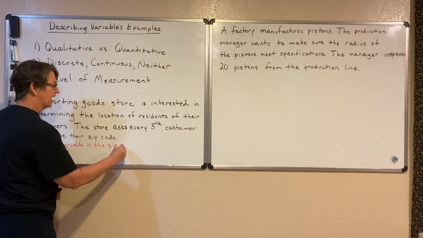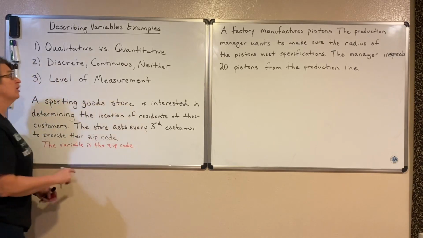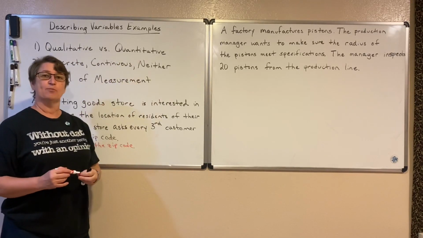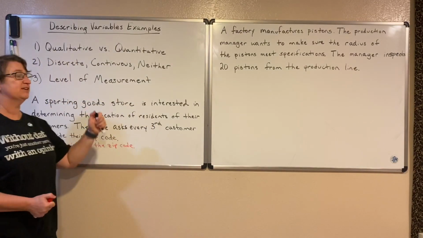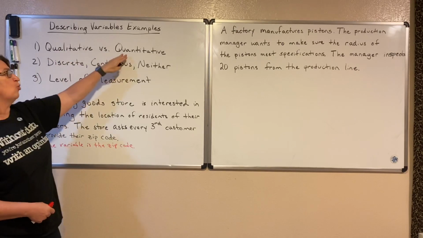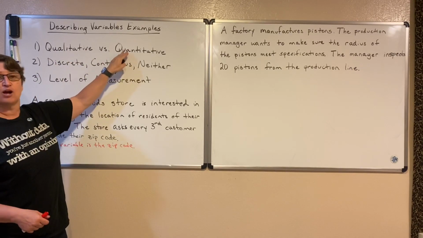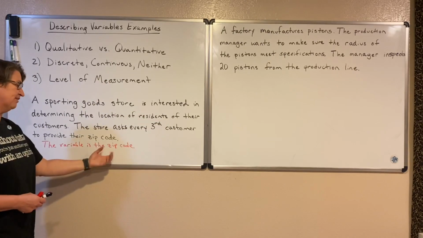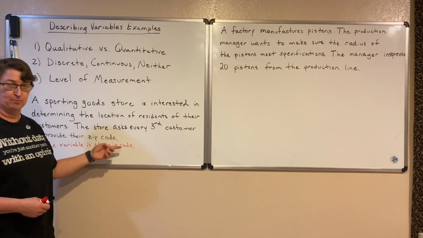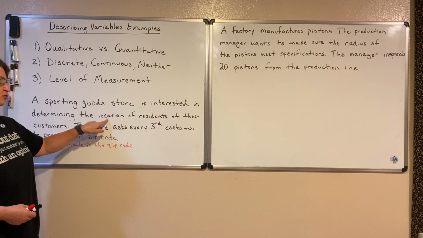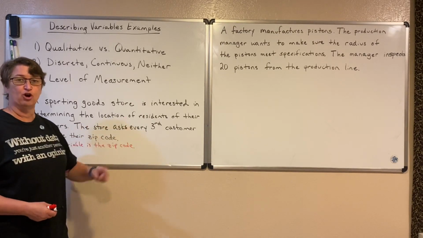Now we need to decide, is zip code qualitative or quantitative data? Remember that qualitative data is a category or a quality, whereas quantitative data is a quantity, a measurement, or a count. Well, in this case, if I ask for the zip code, I'm really just asking my customers for the location of their home.